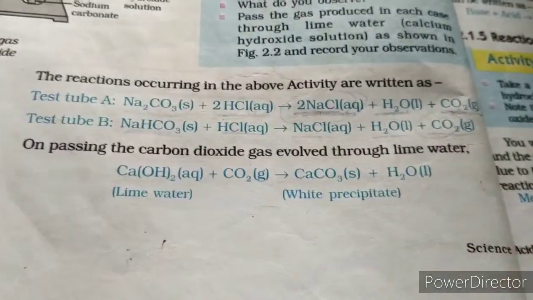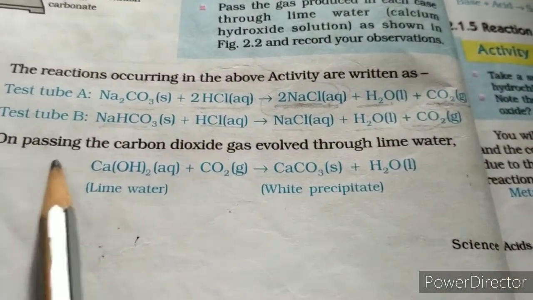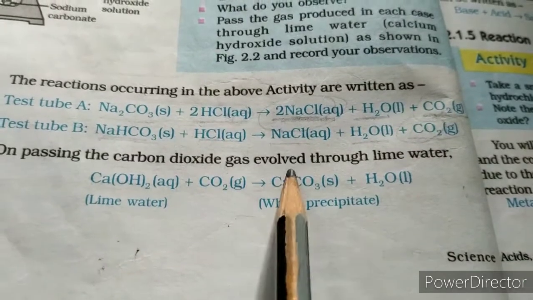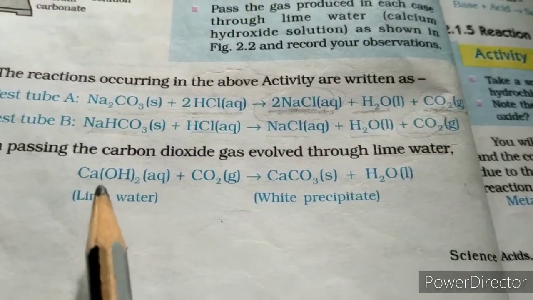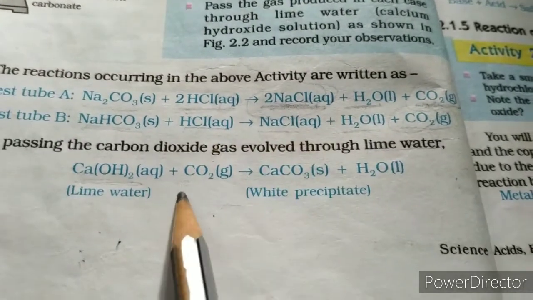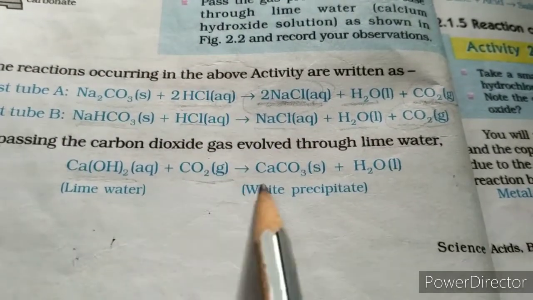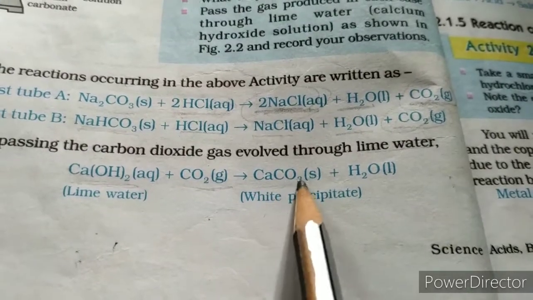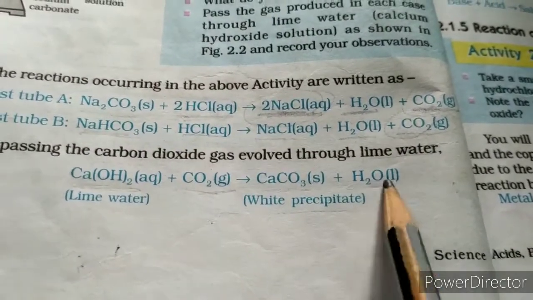So I will show you the reactions here. On passing the evolved carbon dioxide gas through the lime water, the reaction occurs like this: calcium hydroxide, which is your lime water, plus carbon dioxide gas forms calcium carbonate, a white precipitate, plus water.